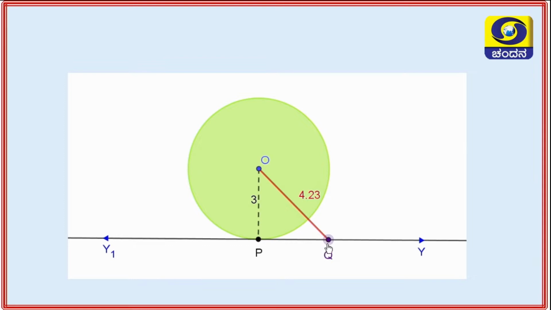Observe, OQ is one more line to the straight line, but the radius drawn at the point of contact to the tangent y1 y is the shortest distance. Since it is the shortest distance, it is making an angle of 90 degrees.